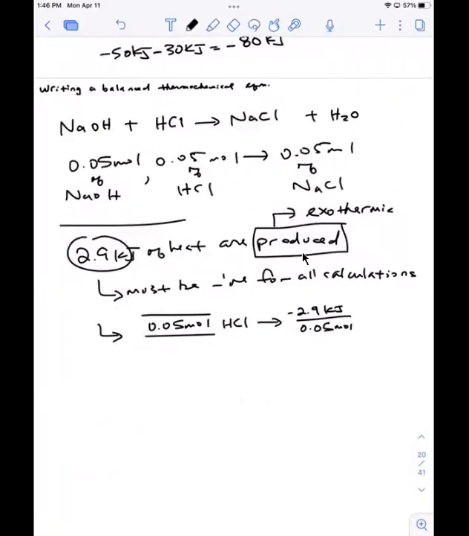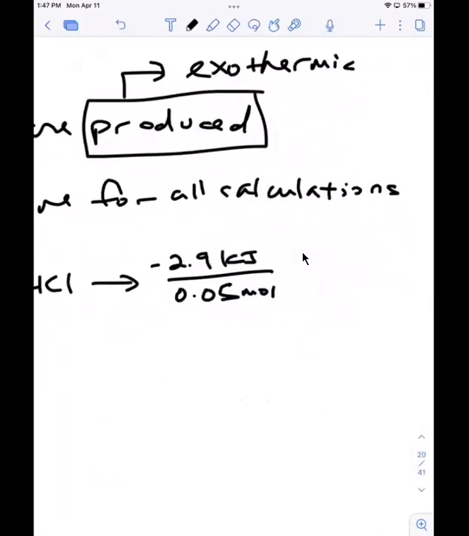I said that negative 2.9 kilojoules of heat was released, and it said that from the stoichiometry that 0.05 moles of HCl were used. So this is the relationship between the heat and the molar amount, which is negative 2.9 divided by 0.05.